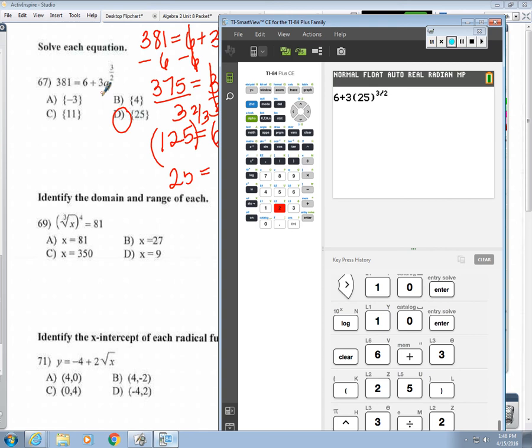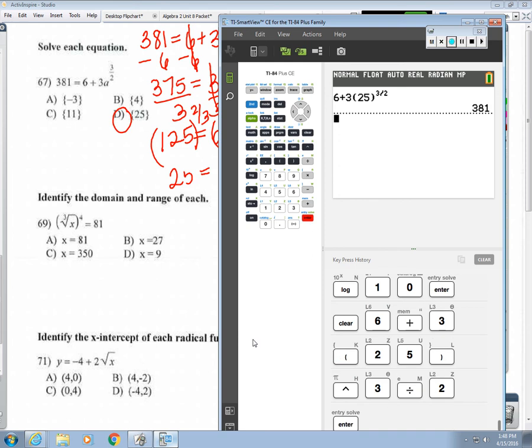See how all I've done is I've plugged in the right side? And if 25 is the right answer, what should I get when I hit enter? 381, and I did. Okay, there's no reason to miss that kind of question on a test. Unless you don't have a calculator, which is not the case.